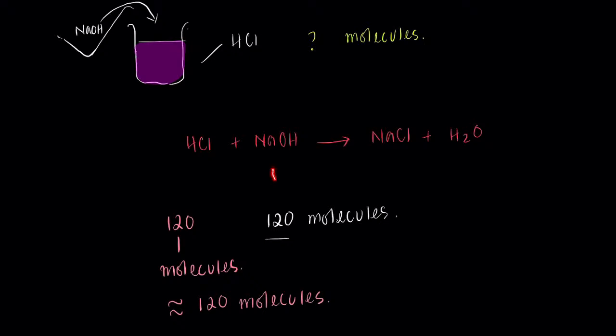If at 119 it didn't show a color change, because I'm adding it molecule by molecule, right? And at 120 molecules, if it changes color, I could say 119, but I don't want to, and you'll see why. But right now it's 120 molecules, very close to it. What difference does one molecule make? Right?